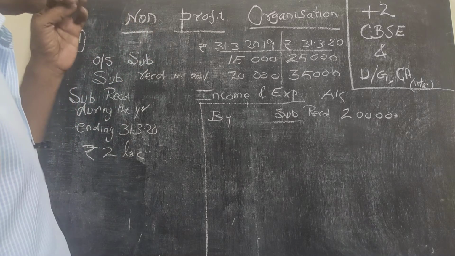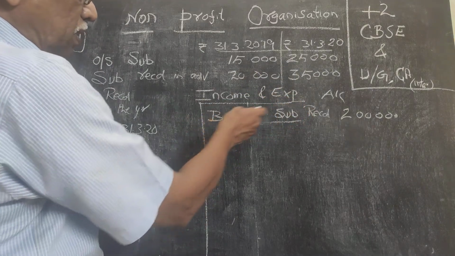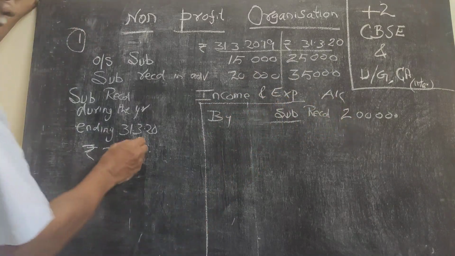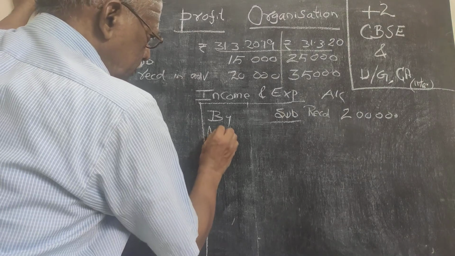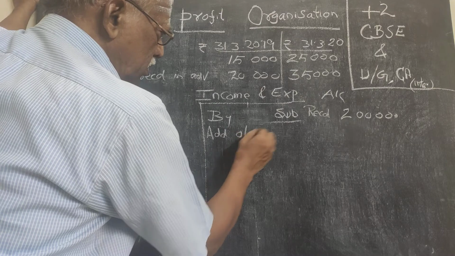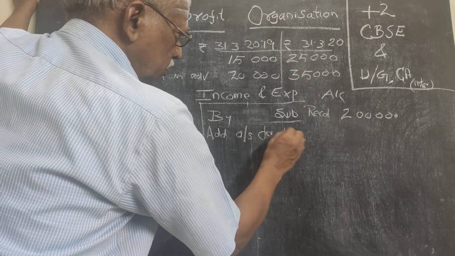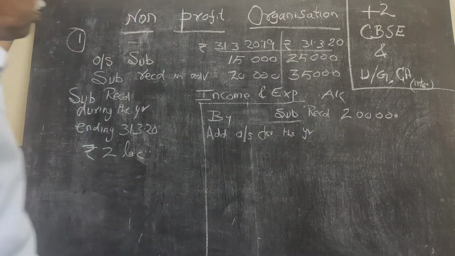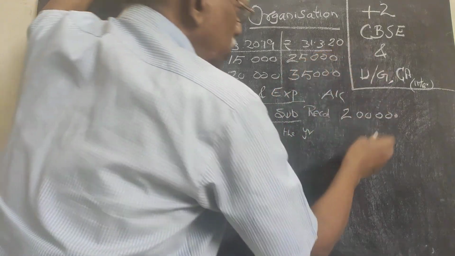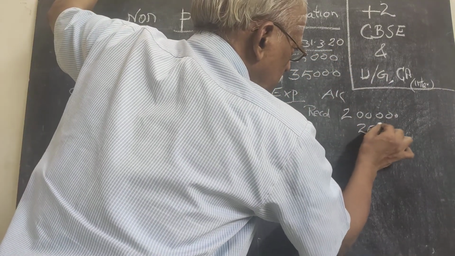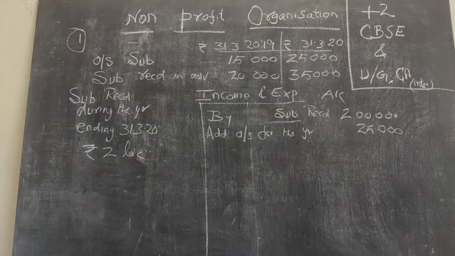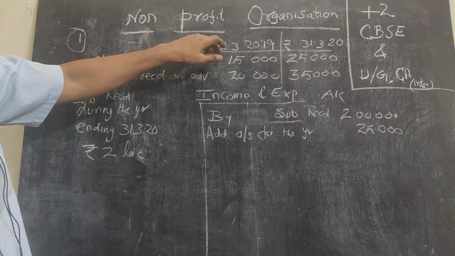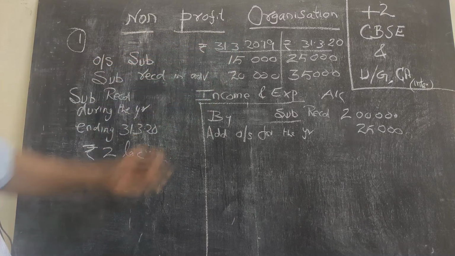Income and expenditure account. So on the credit side, by subscription received 2 lakhs. Add outstanding for the year. For this year, what is the outstanding as on this date? 25,000. What is the subscription received in advance during the year ending 31st March 2019?